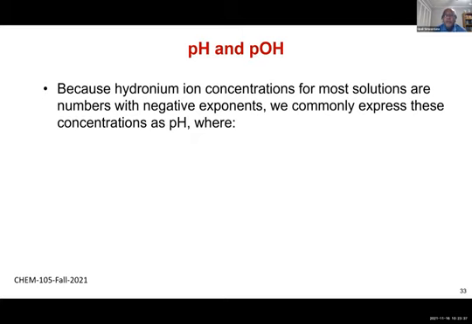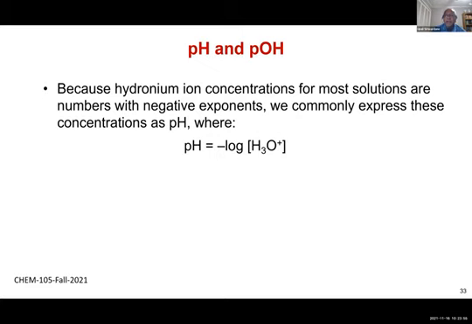We try to change that to a number we can handle. So we change the hydronium ion concentration, for example, 1 times 10 to the negative 7, and take the log of that.